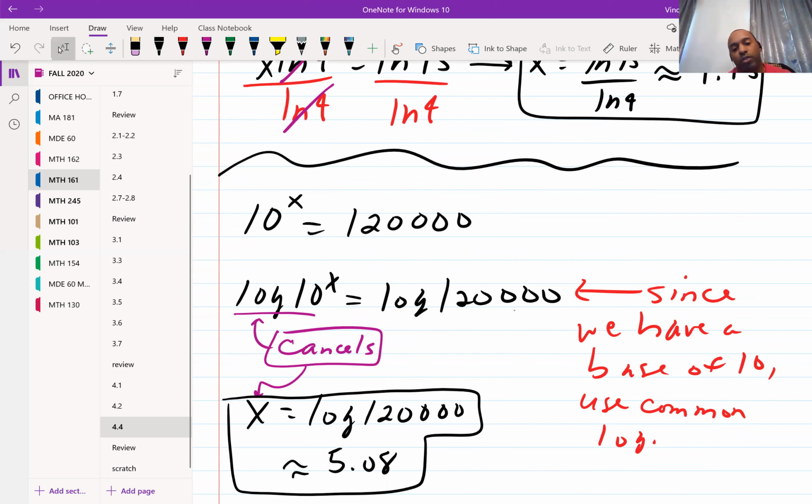And then log of 120,000 will be 5.08. All right, questions? Any questions?